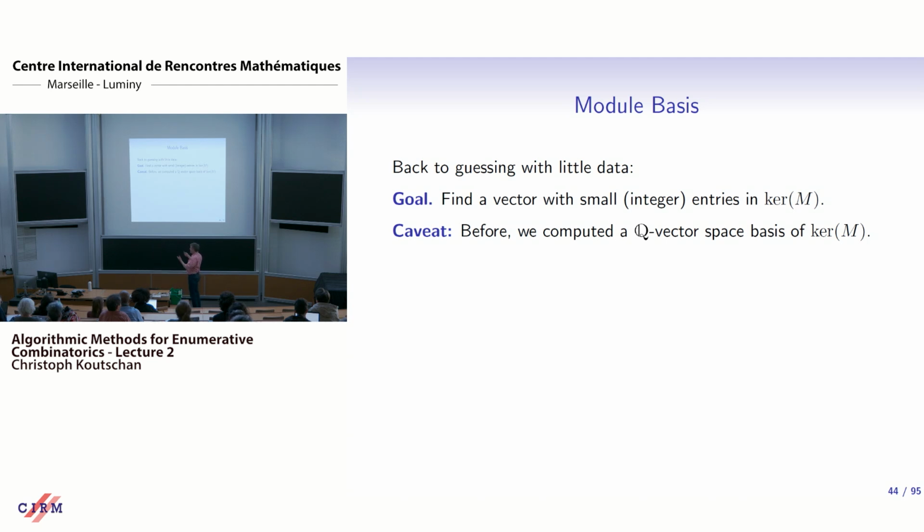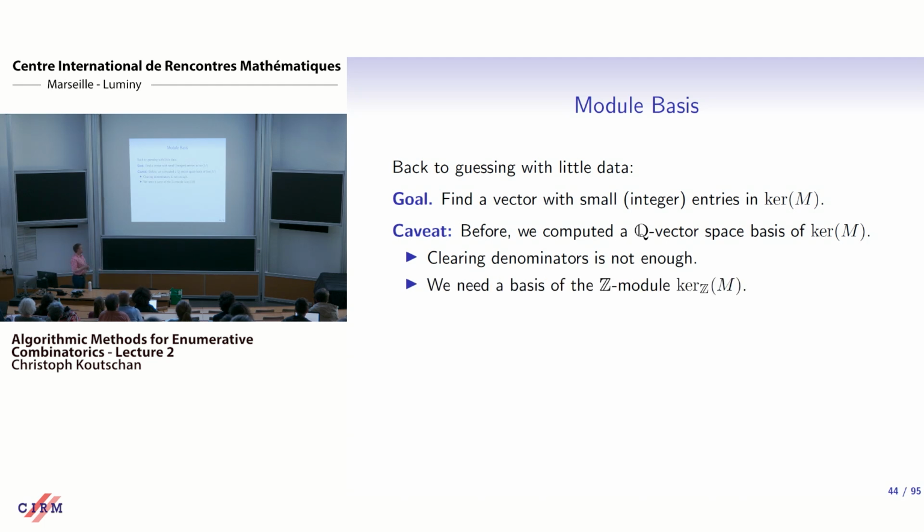But now we want to work over the integers. That means we want to work over a Z module, and a basis for that module is not simply obtained by taking a basis of this Q vector space and removing all denominators, which we could do, but we really need a basis for this Z module.